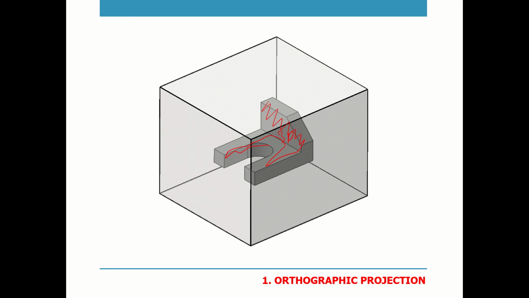In that, what we do is we have an imaginary plane. This is 1, 2, top 3, rear 4, and 5.